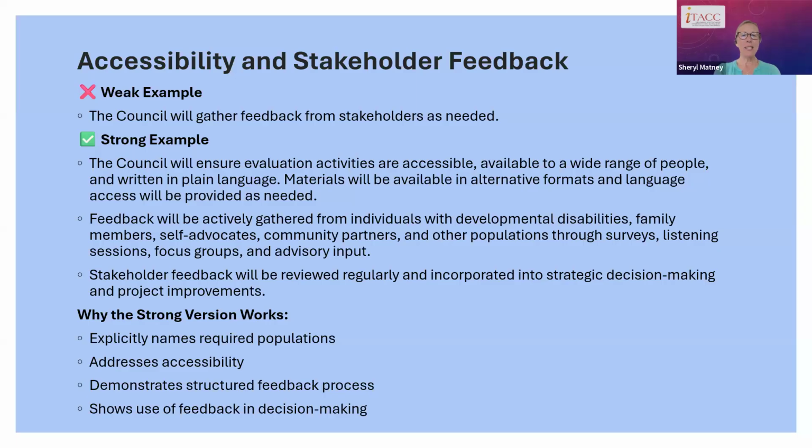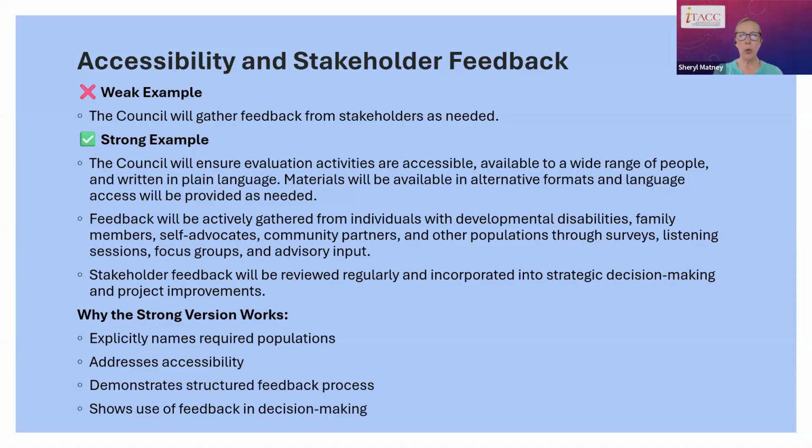Okay, we're going to suggest you don't do the weak example: we're going to gather feedback from people as needed. So let's give them some kind of meat to go with this. Things like, we're going to make sure that we write our stuff in plain language.